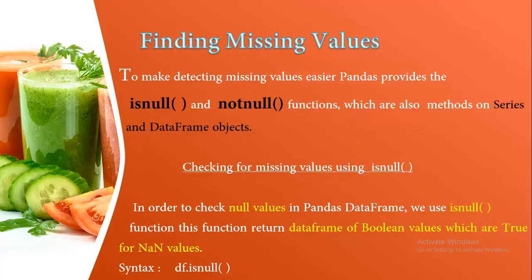Now what are the functions available to identify or detect the missing value? To find missing value, we have two functions, isnull and notnull. Here we will focus on the isnull function.